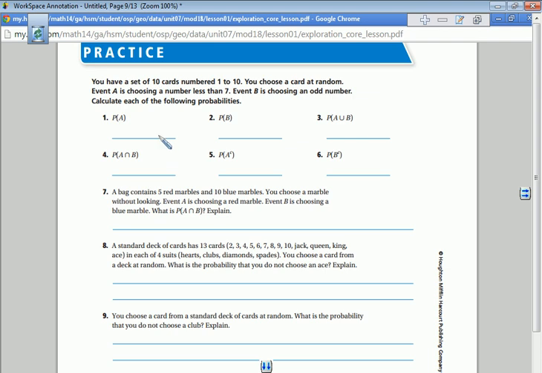Okay, real quick here, let's take a look at a couple of these. Quickly try 1 through 6. Is it just a fraction? Mm-hmm.